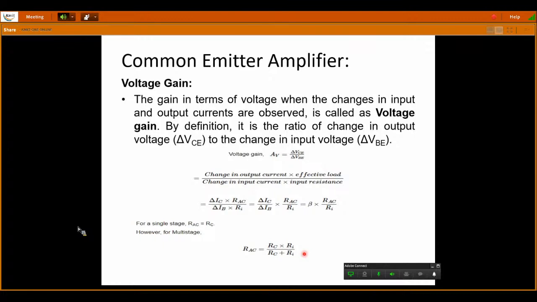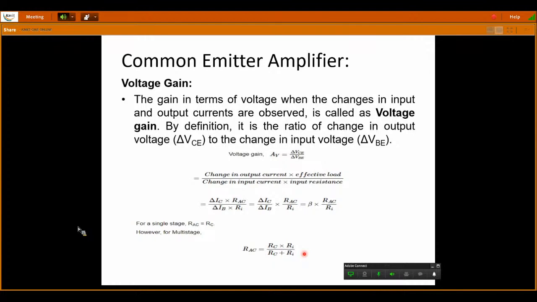VCE we can obtain by taking the drop across the effective load, so we take the change in output current, delta IC, times the effective load RAC. The input voltage can be calculated by taking the product of the change in input current, the current passing through the input resistance Ri. The change in input current in the common emitter configuration is delta IB, so delta IB times Ri.